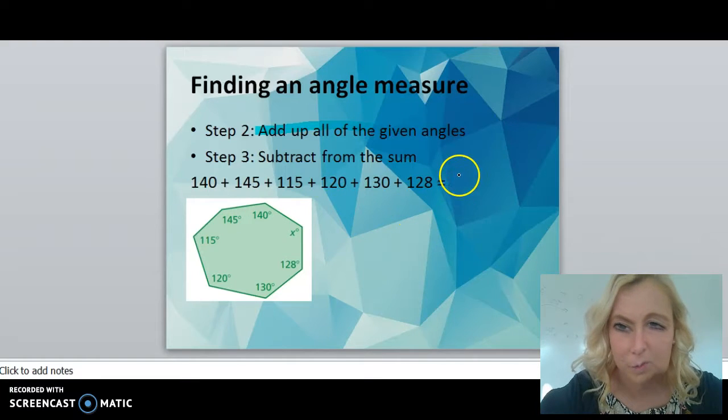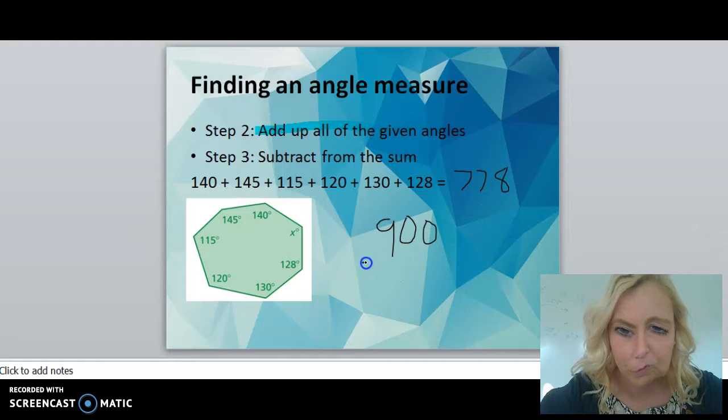So all these add up to 778. Now, I know the total, or the sum, is 900. So in order to find that missing angle, I have to figure out what's left over. So I'm going to use subtraction.